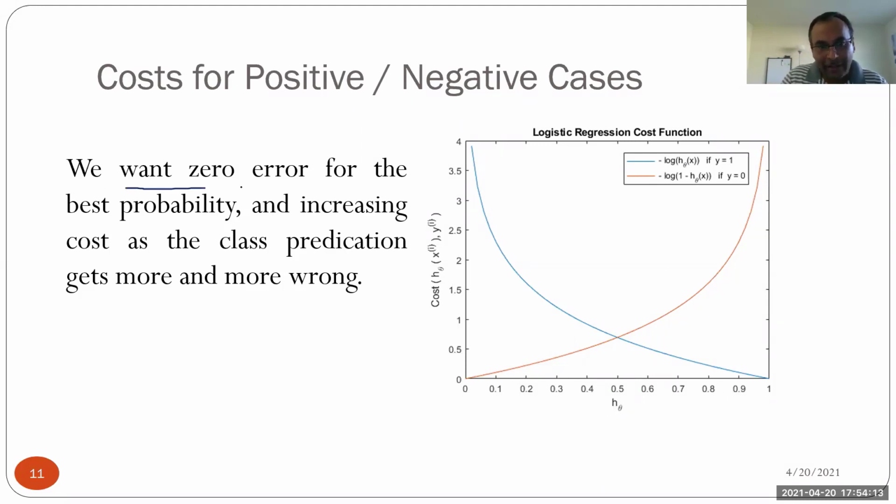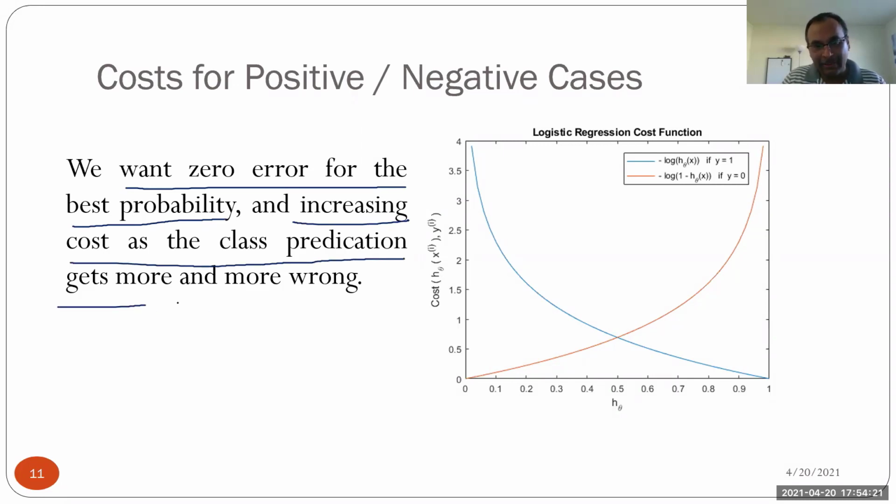We want 0 error for the best probability and increasing cost as the class prediction gets more and more wrong. So what does it mean? Let's think about the cost associated with the positive sample. I have data which is from the positive class, so I would determine the cost associated with what we are doing with that positive class.